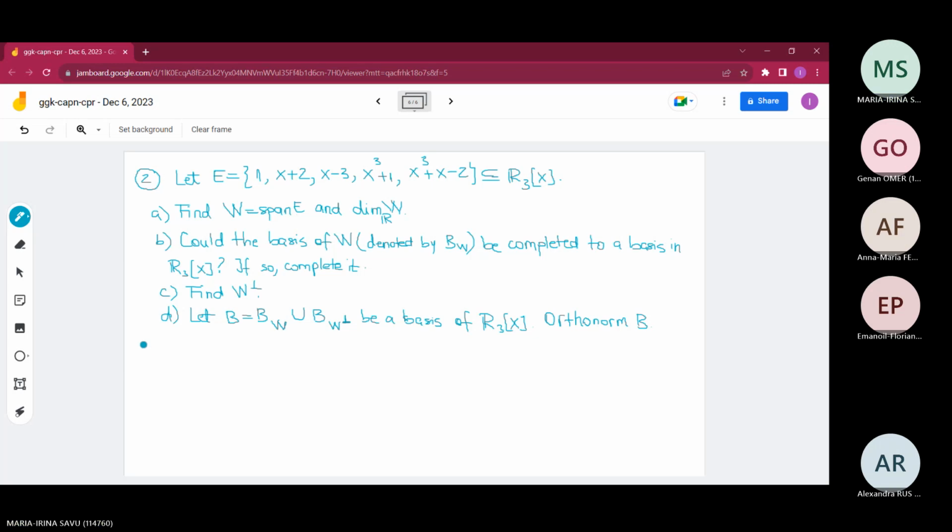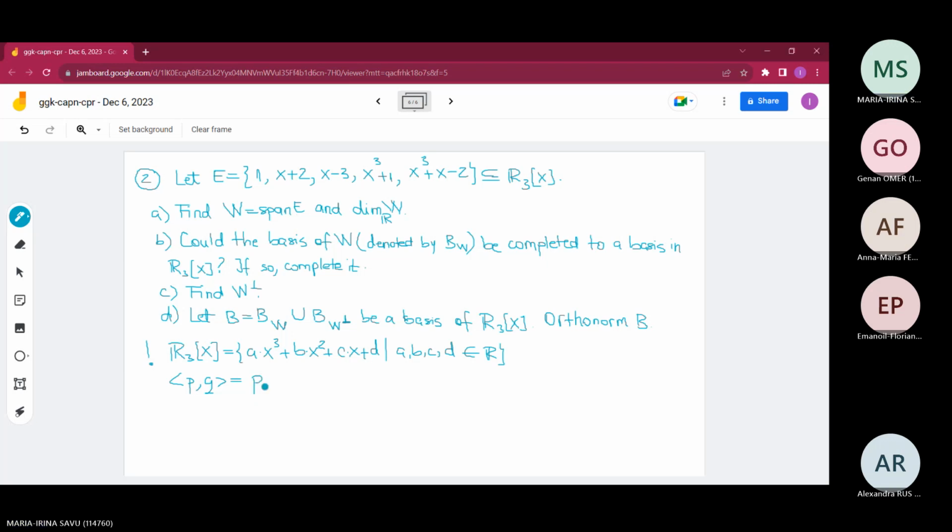And here R3 of x is the space of all the polynomials with degree at most 3. And the scalar product between two polynomials P and Q will give you the product of the coefficients.